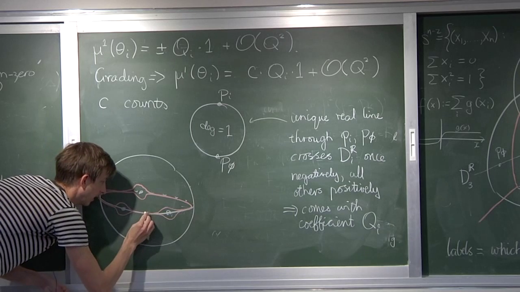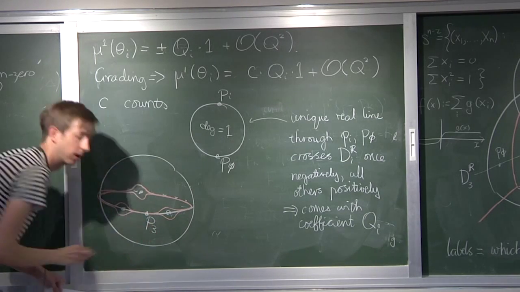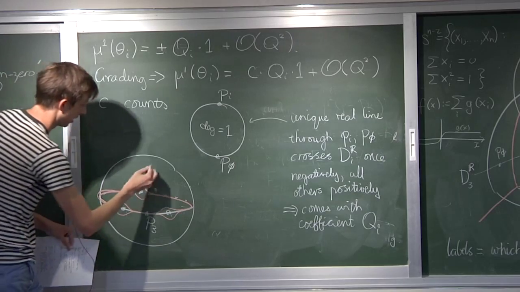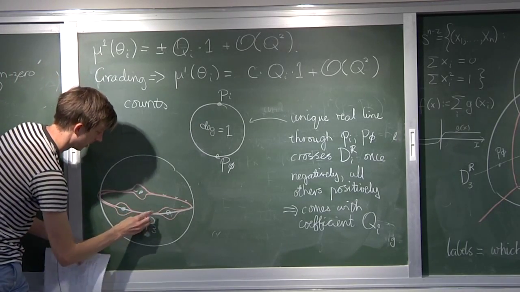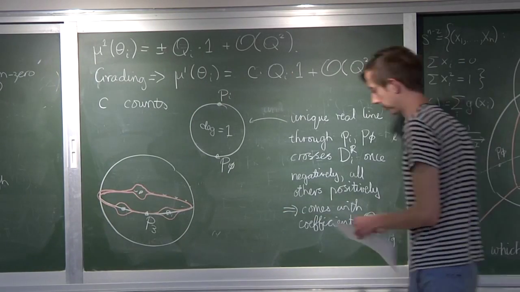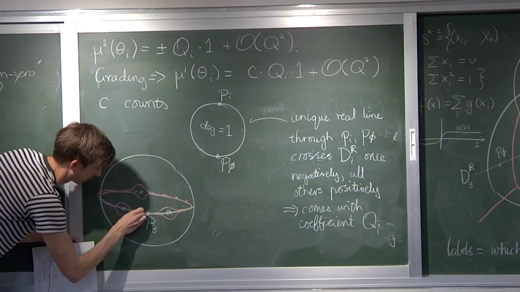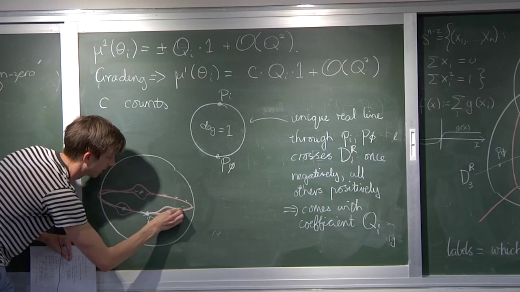And so I'm taking this point here, say, P3, and then I'm counting this disk, which is the one that has boundary, I think I've run out of colored chalk, but it has a crossing here, changes sheets, and then it goes around like this.